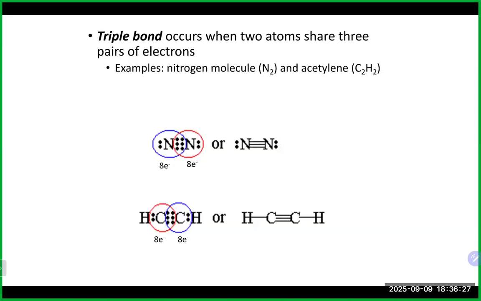You actually need a triple bond here, and by each nitrogen sharing those 6 electrons in the middle, each of them will end up with 8 electrons, as that's 2 on the outside as well. And same thing here with ethylene, which has a triple bond between these. And again, for this carbon here, it has 1, 2, 3, 4 bonds, and each one has 2 electrons, so that's 8 electrons. And the same thing for this guy as well.